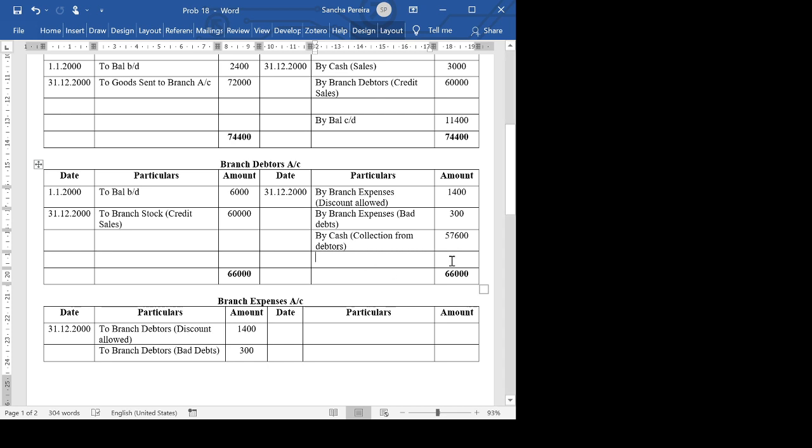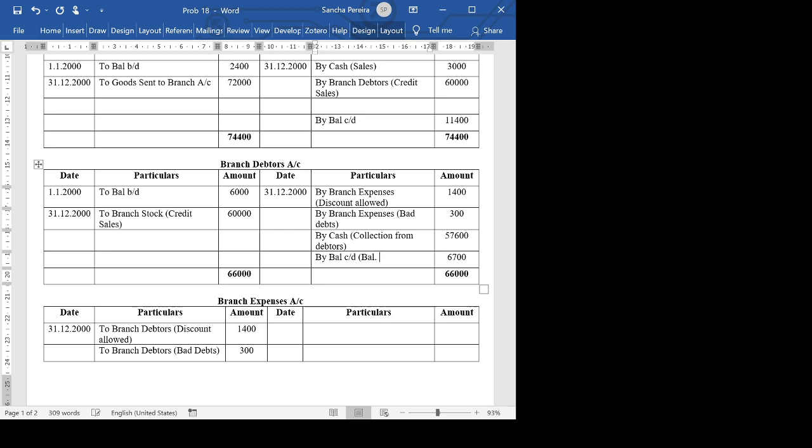Whatever it is, 57, 58,000, 59,300, so that's 6,700. What will the balancing figure be called here? Yes, it's a closing balance. So, by balance carried down. This is the balancing figure.